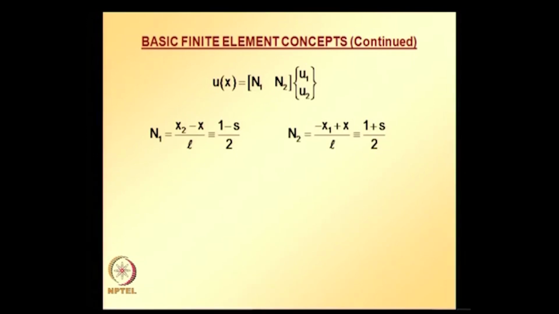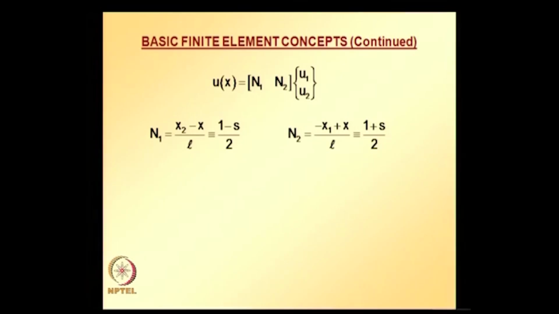Now, we want to replace this x coordinate system with s coordinate system, where s goes from -1 to 1, and we already have an understanding that x2 corresponds to s is equal to 1, and in the s coordinate system x corresponds to s. So, N1 can be rewritten in this manner, x2 you replace it with 1, x you replace with s, and length of this element is, going from -1 to 1 in the s coordinate system, equal to 2.